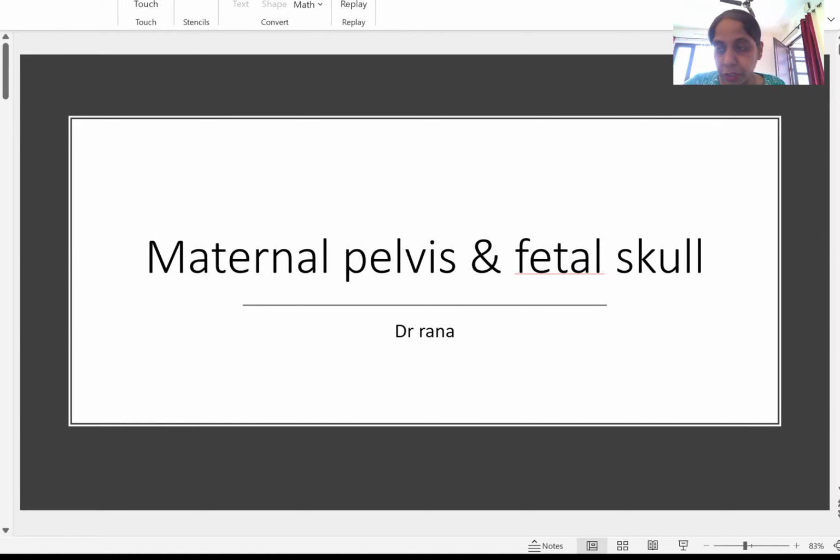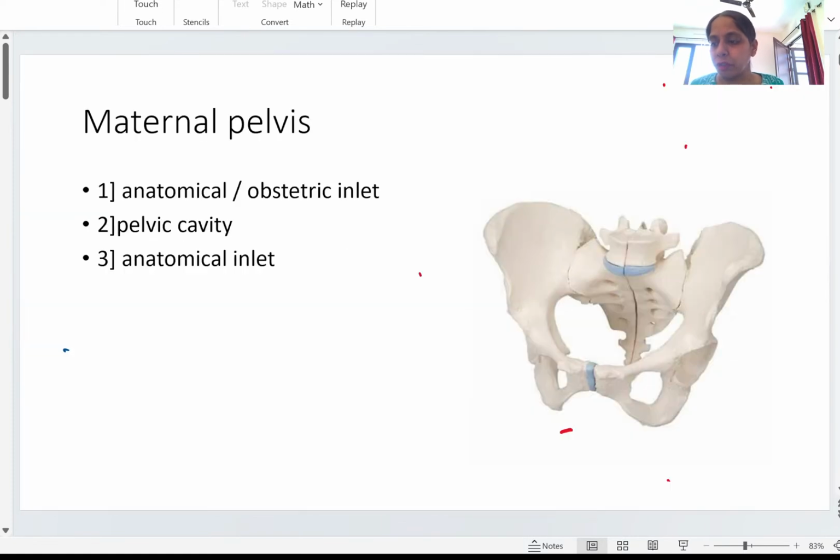So let us study now maternal pelvis and the fetal skull. First of all, I would like to tell you that the maternal pelvis is also a cavity. It is cylindrical in shape.